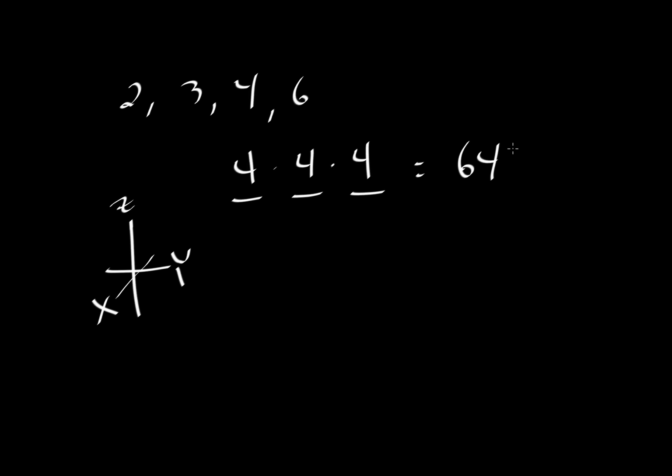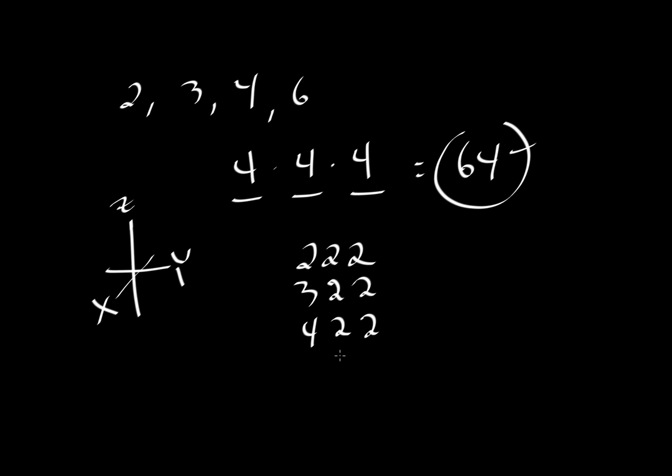Well, it ends up that most of those possibilities are either impossible or some of them are going to be repeats of one another, and so we would not count them. We don't have 64 unique possibilities. There are actually only 6. The possible trios that satisfy Euler's theorem and are not a repeat of other things that we might write are 2, 2, 2, 3, 2, 2, 4, 2, 2, and 6, 2, 2.